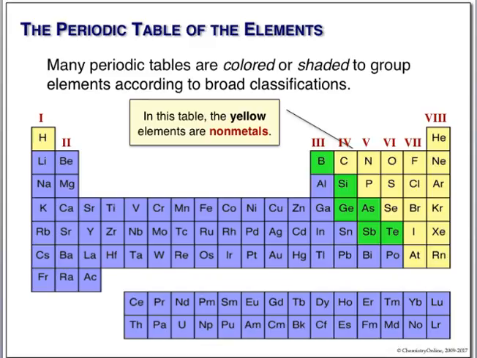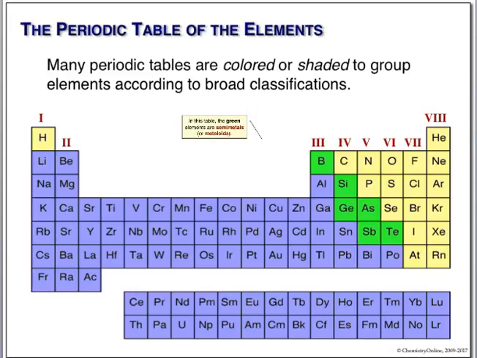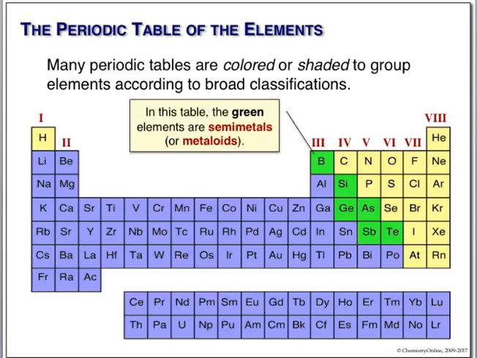These little green guys in the middle, well, they're the transition between metals and nonmetals, aren't they? What would we call these? We'll call them semimetals. Now this should make sense to you. You've heard of silicon as a semiconductor, haven't you?